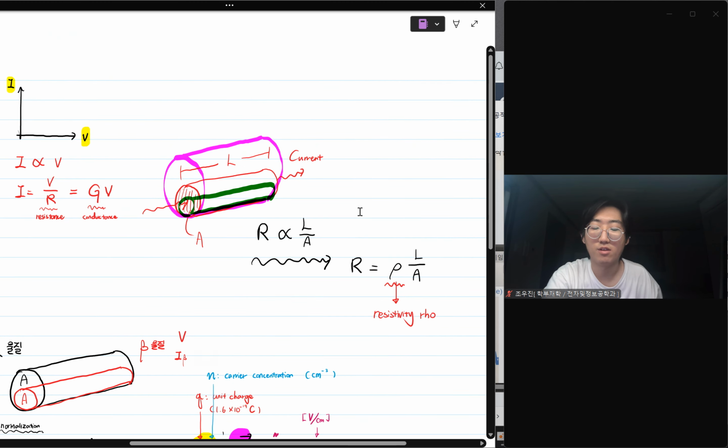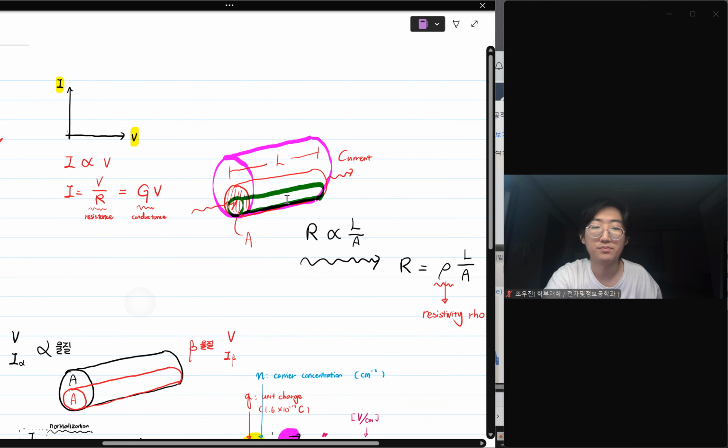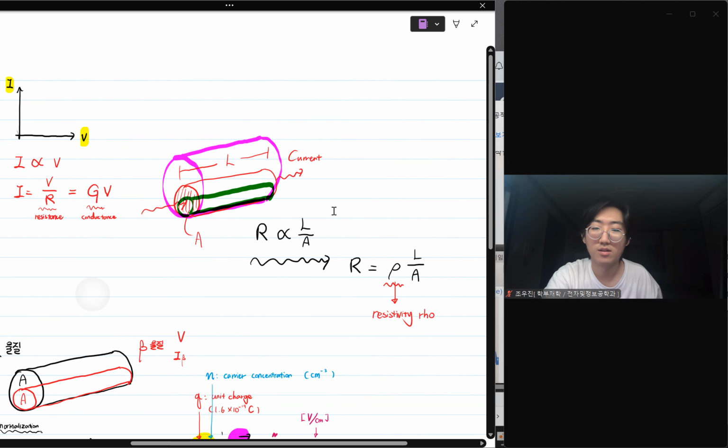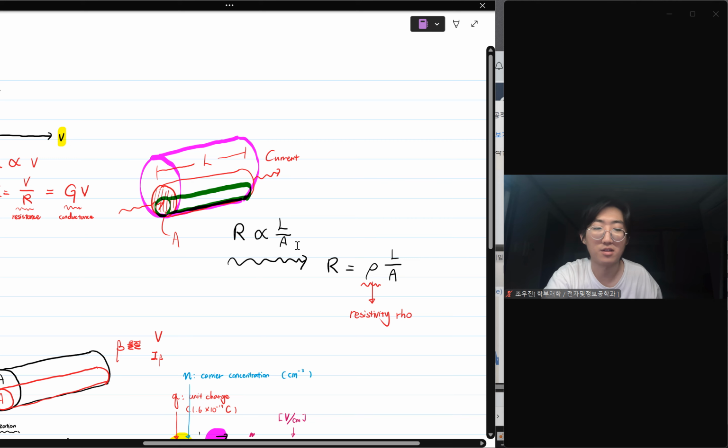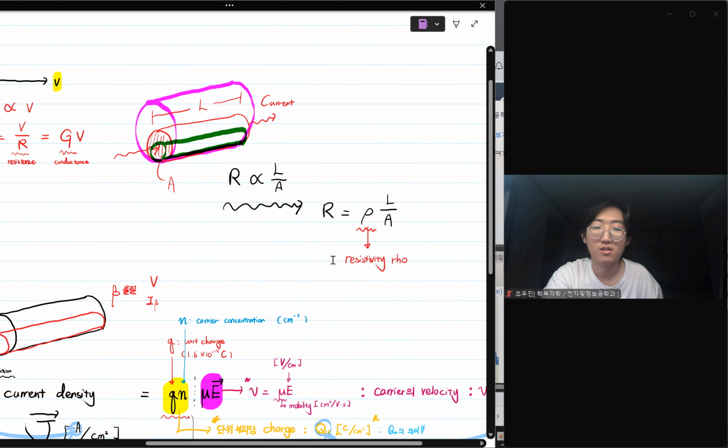If the surface area is bigger, more current will flow, and if the surface area is smaller, the current is smaller. You can express this in this equation, and also with this resistivity law.